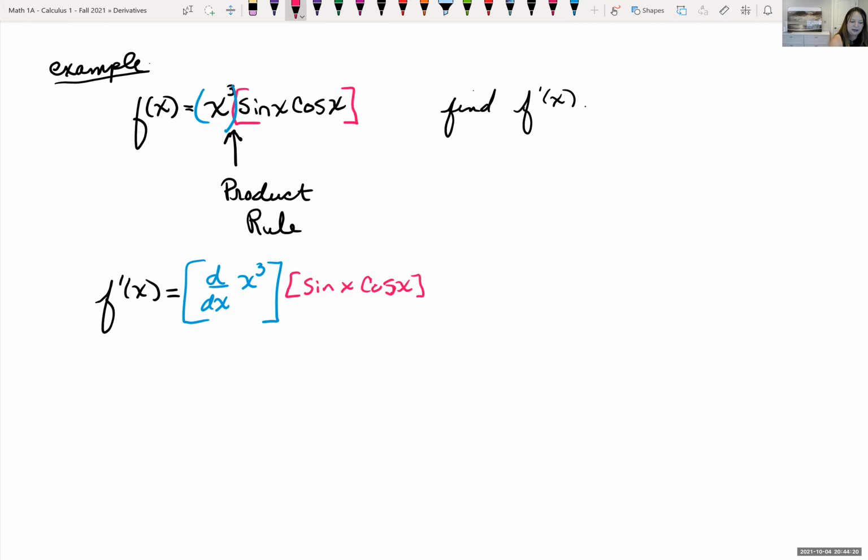And then plus, that's the product rule, my first function, which is x cubed, times the derivative of the second piece, which I called sine x cosine of x.